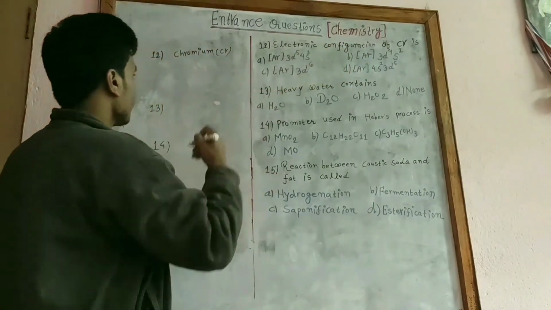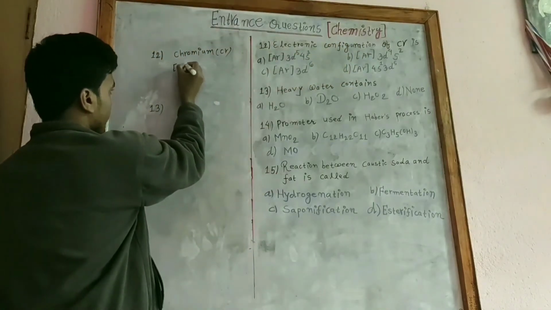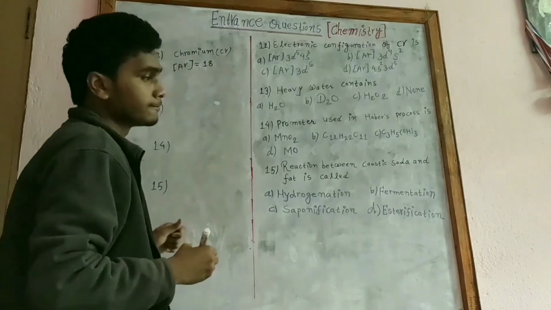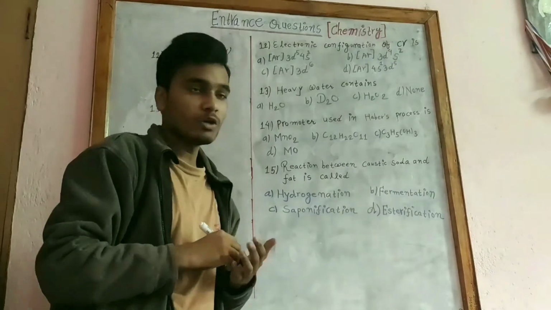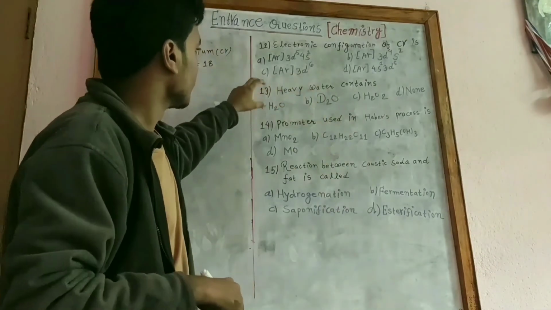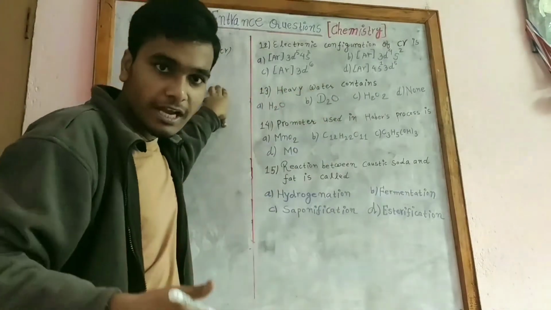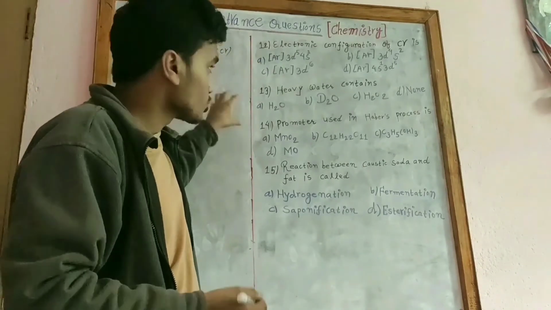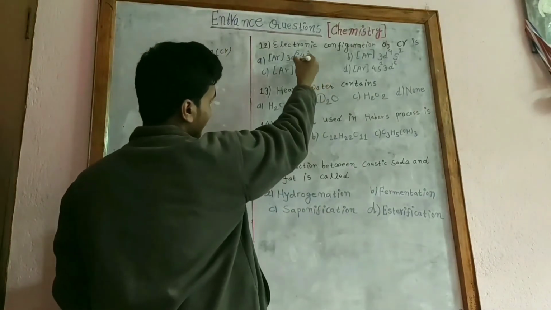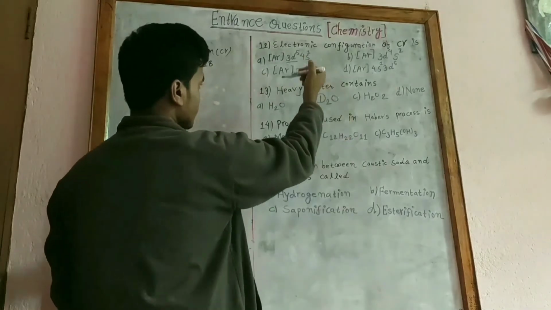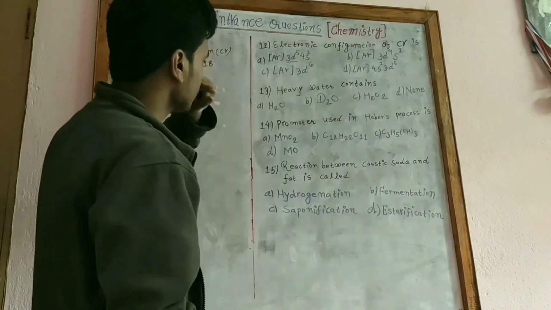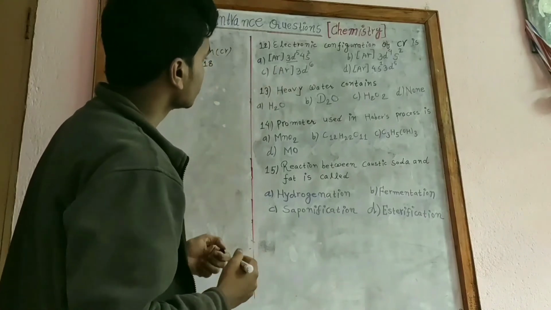Now this Ar means argon, whose atomic number is 18. Now you have to remember that when you cross atomic number 20 in the periodic table, then first we keep 3d, then 4s.